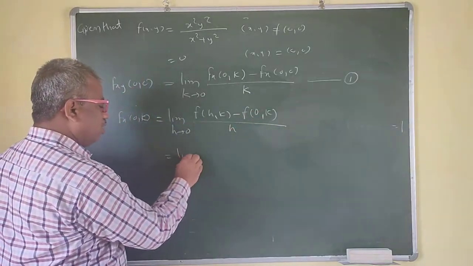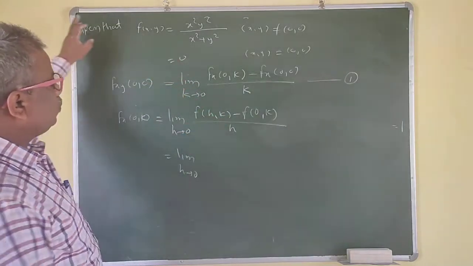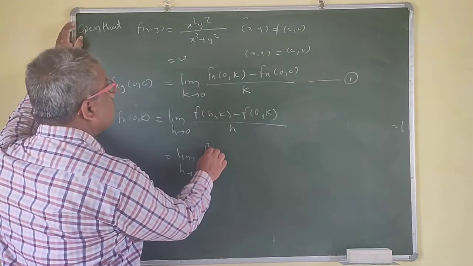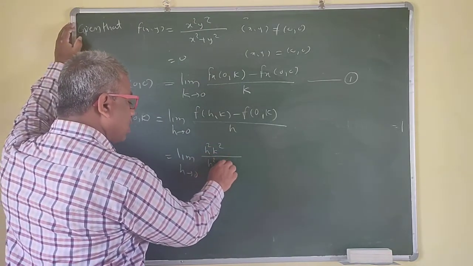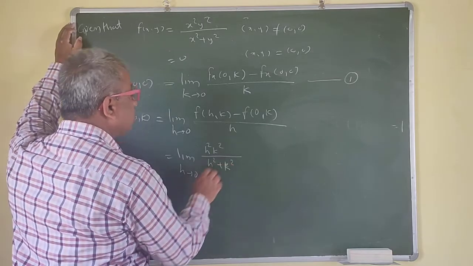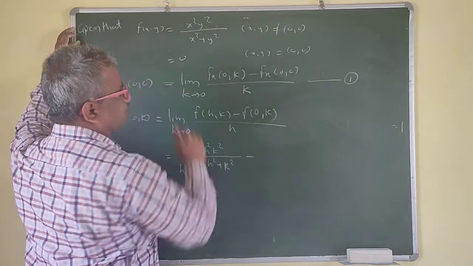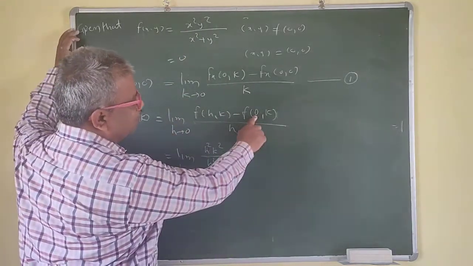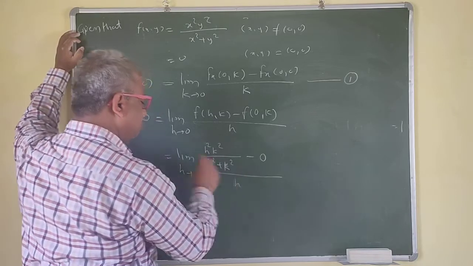So this is the limit h tends to 0 of f(h,k) minus f(0,k) upon h. We'll find f(h,k): this is h²k² upon h²+k², minus f(0,k). See, this is the product of x and y, so if one of them is 0, then the value is 0, upon h.